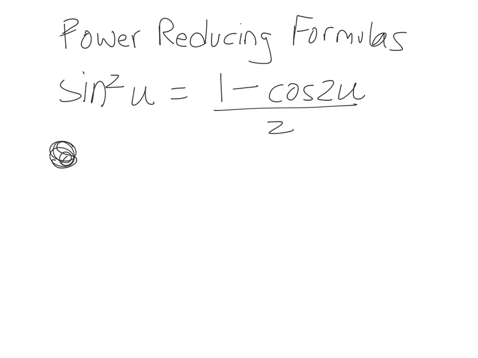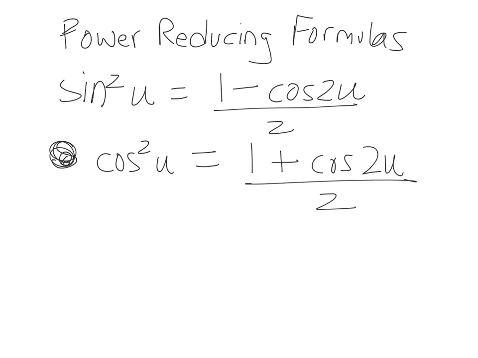And the cosine squared of u was equal to 1 plus the cosine of 2u over 2. Notice they give you the same thing, except the sine has a minus in it and the cosine has a plus in it. But they both change into cosines of 2u. You probably want to put those on a note card and study them because they are going to come up a lot and you do have to know them.